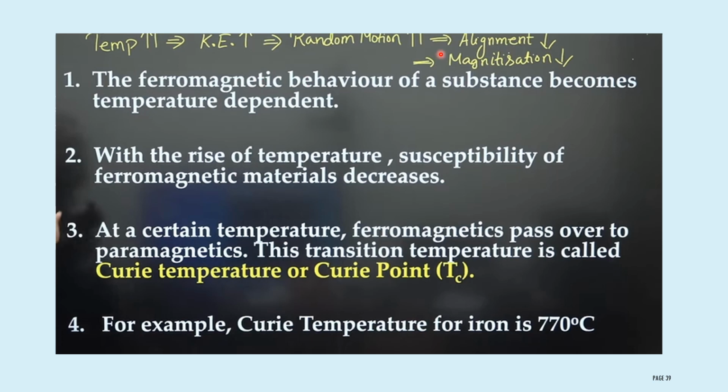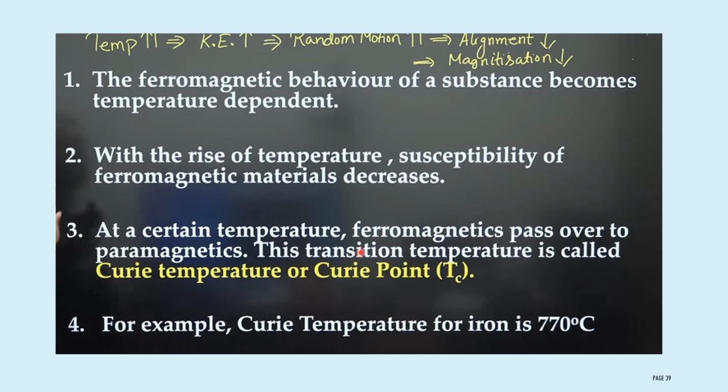Then the alignment of atomic dipoles gets disturbed. If alignment is not proper, then the magnetization will get reduced. With the rise of temperature, susceptibility of ferromagnetic material decreases. As magnetization decreases, and magnetization directly depends upon the susceptibility, susceptibility will also decrease.